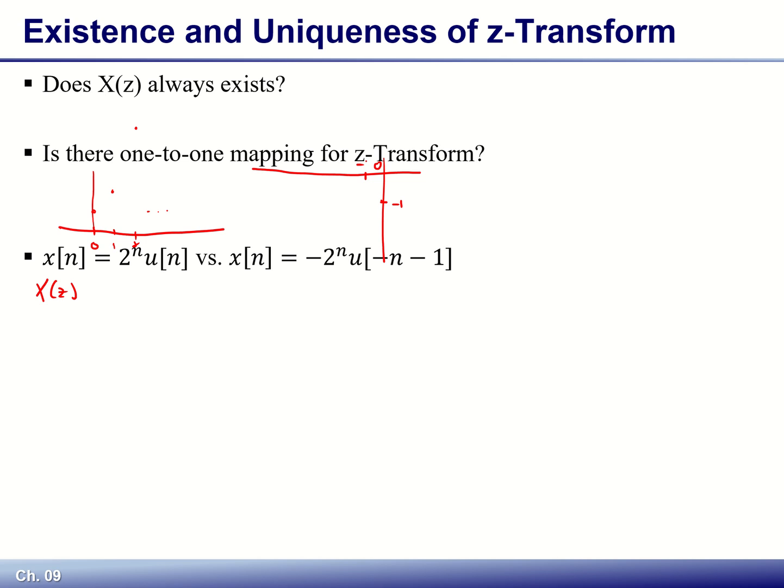When n is minus 1 it will be minus half, when it is minus 2 it will be minus a quarter, something like this.